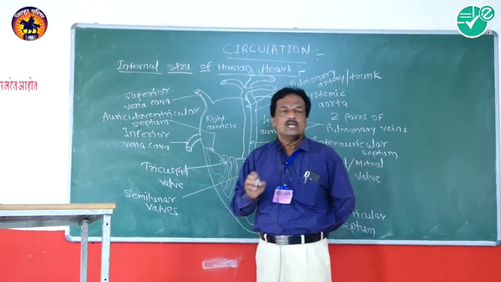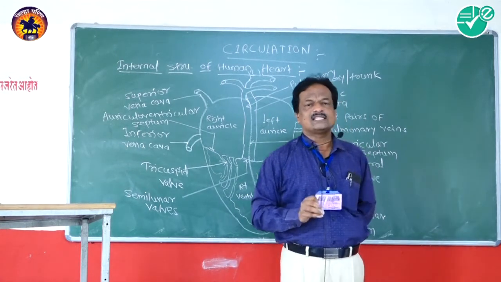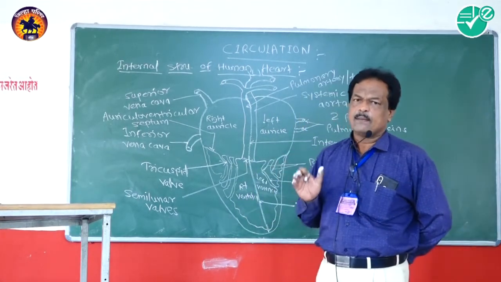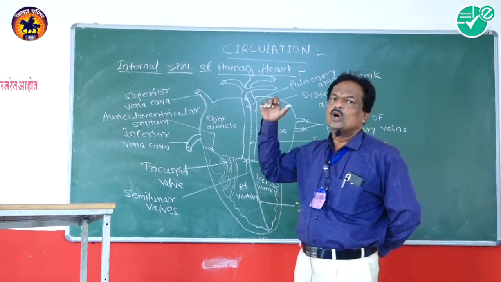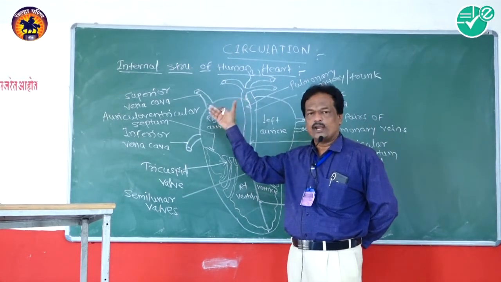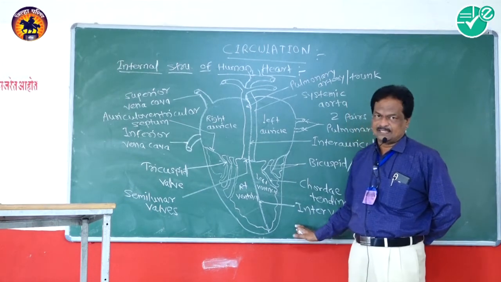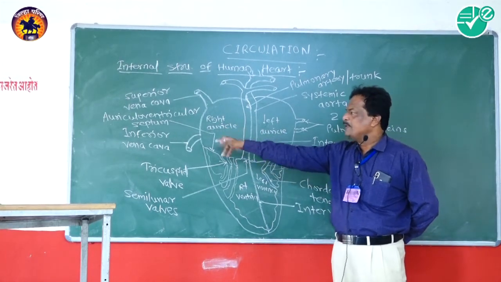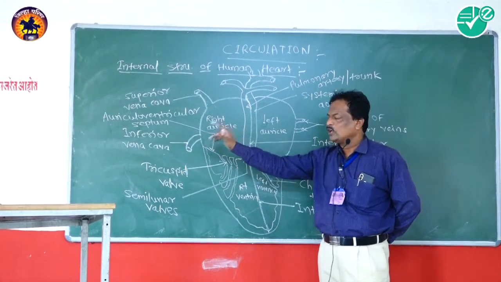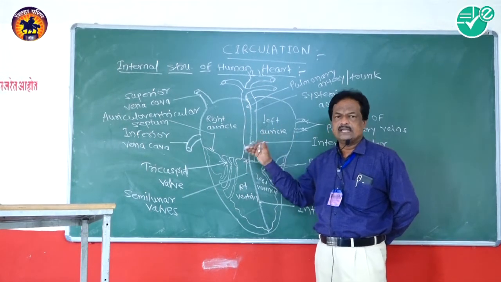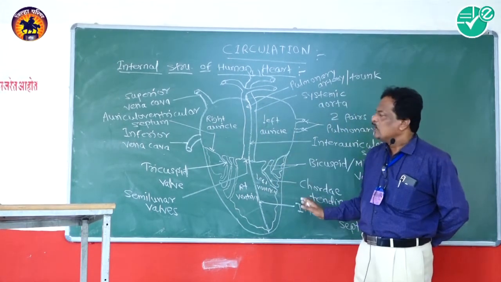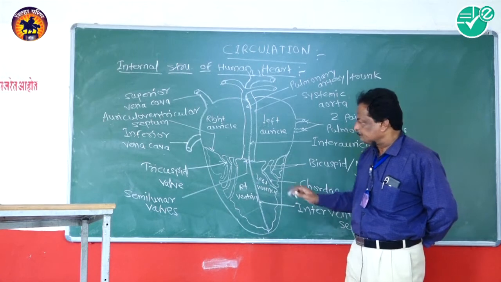Due to the AV septum, the heart is divided into the anterior chamber, that is auricle, and the posterior chamber, which is known as ventricles.